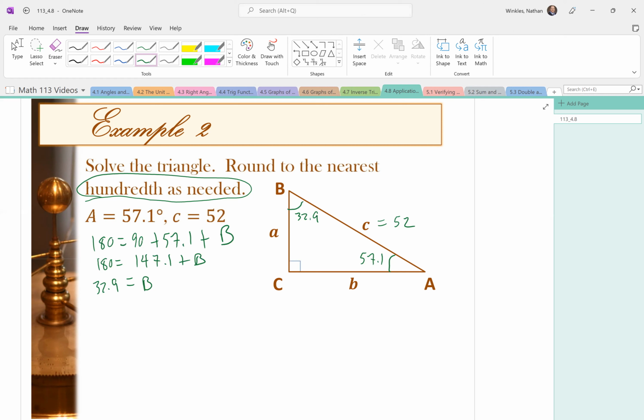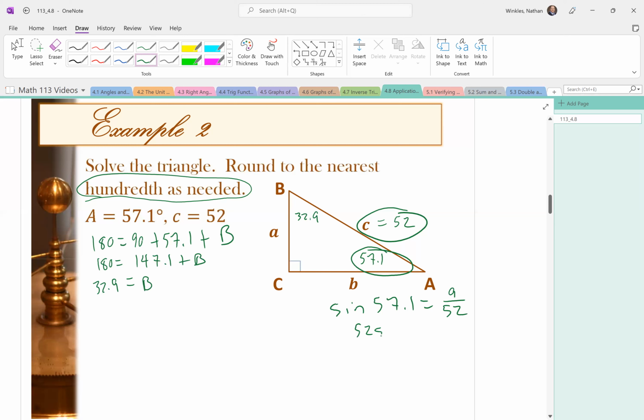So this and this were my givens. So I'm going to use those to find little a right here. So sine of 57.1 is equal to a over 52.